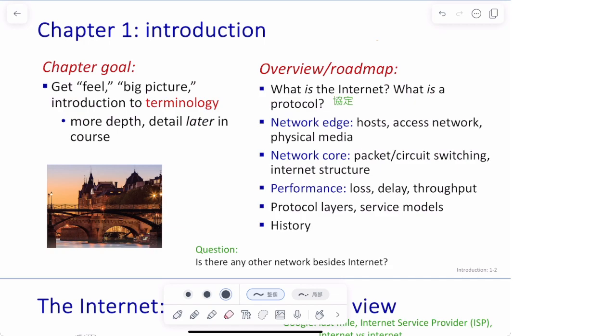Frankly speaking, it can get you a higher grade, right? Higher score. And here's the overview and roadmap of the first chapter.